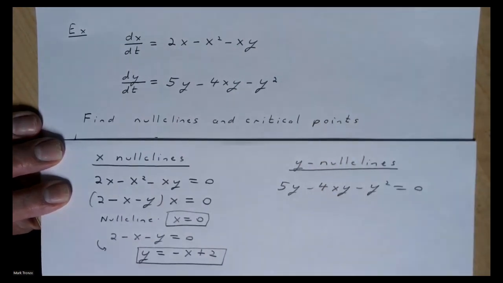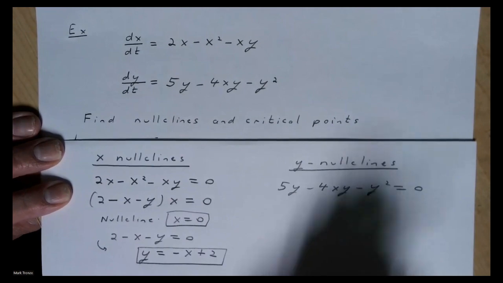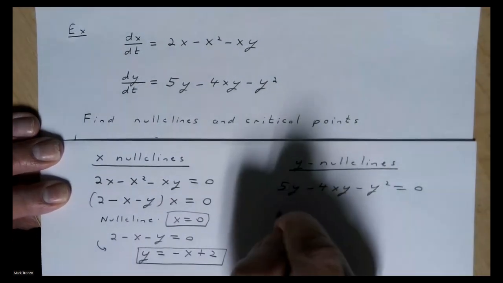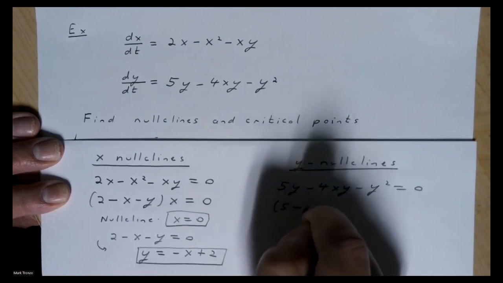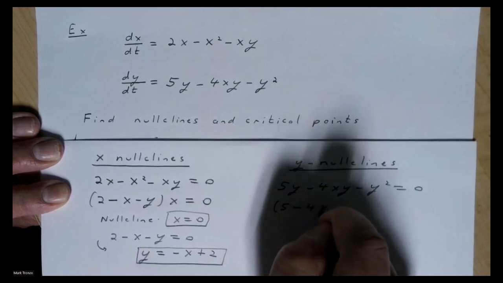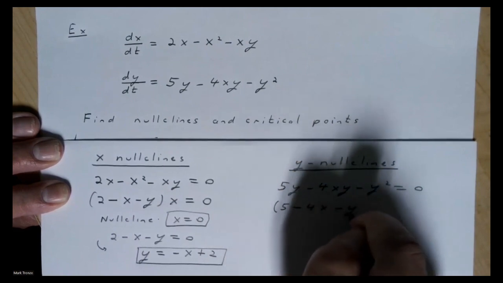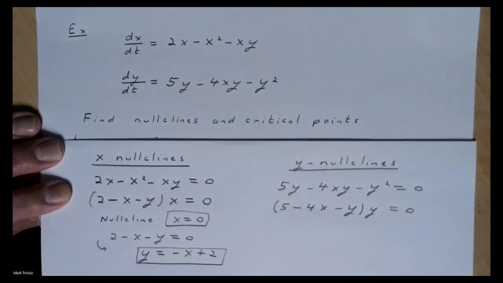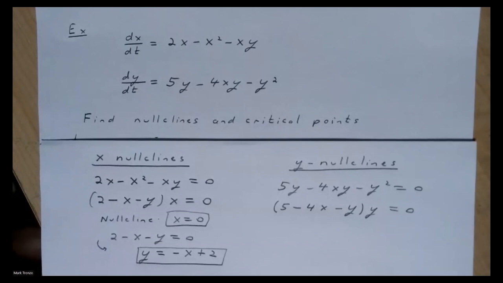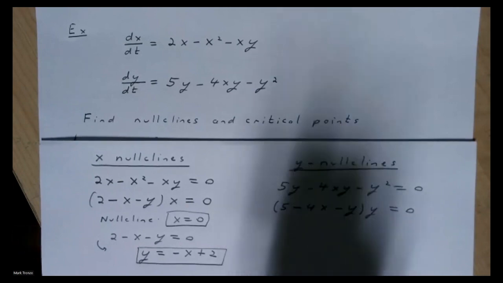It always makes it easier if you can factor out one of the variables. So this will be y times (5 minus 4x minus y). This time we factor out a y. And once again, what's going to make this 0 is if that's 0 or this is 0.